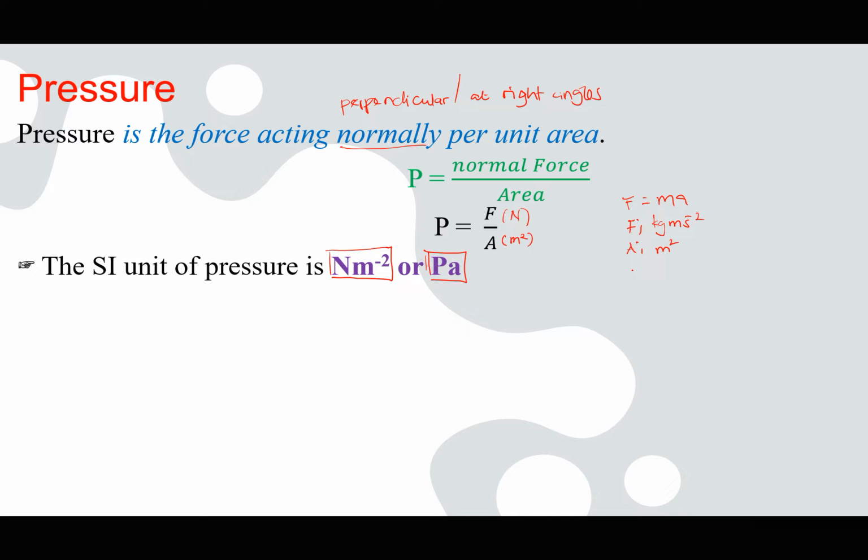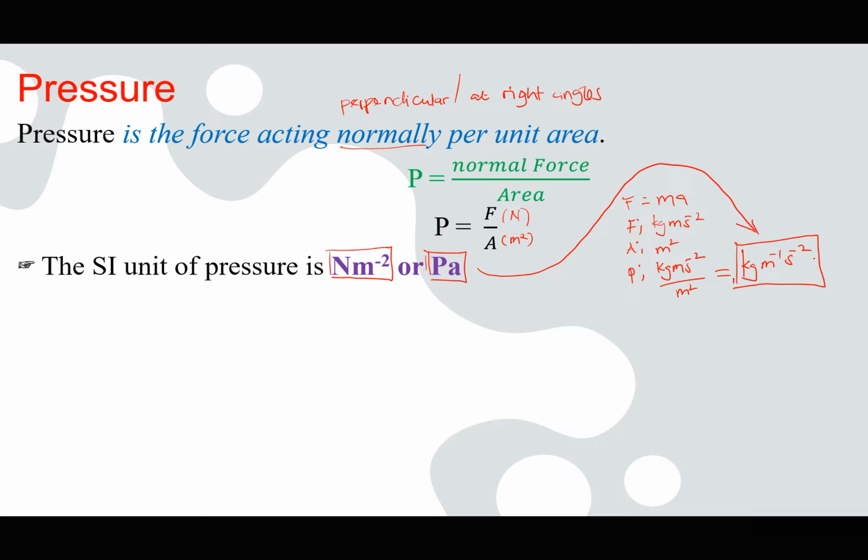So it means the units for pressure would be the units for force, which is kilogram meters per second squared, divided by area, which is meters squared, which simplifies to kilograms, m divided by m squared becomes m power minus 1 s power minus 2. So the examiner may ask you to express the Pascal in base units. So the Pascal in base units will be that quantity there, kilogram per meter per second squared, or Newton per meter squared in base units.